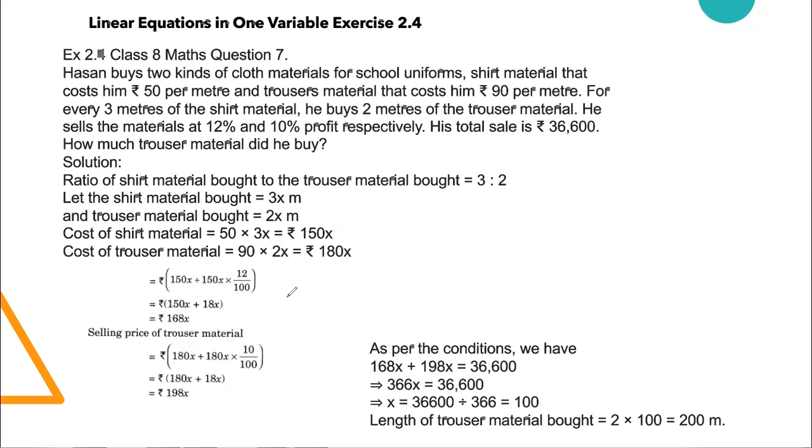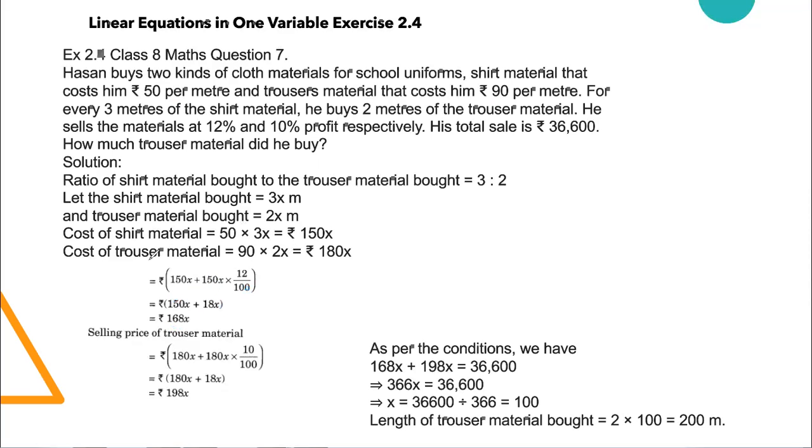Now, we can solve this by saying 0 and 0 will get cancelled, right? So, 15 into 12 is nothing but 180. So 180 divided by 10 is nothing but 18. That's how I arrived here. Now, if you add 150 plus 18, what do you get? 168x. That was the selling price of Hassan.